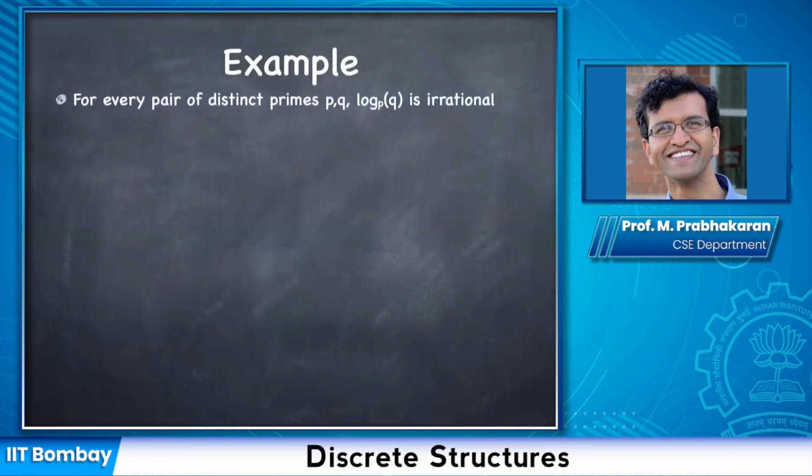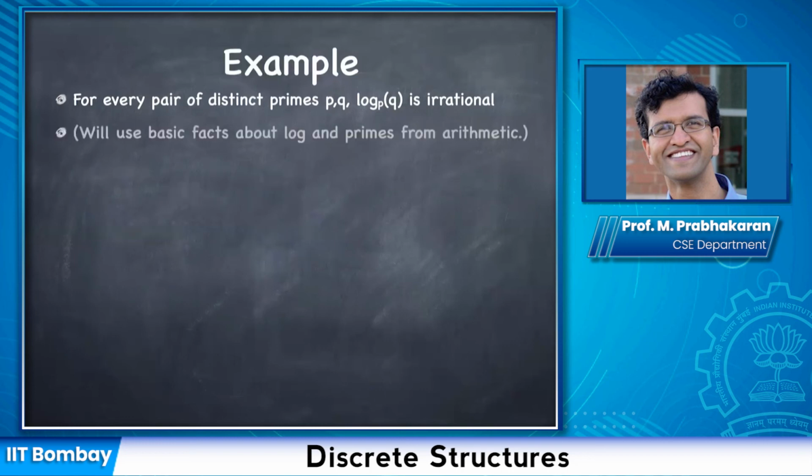Here's another example. If the other one looked more like a curiosity, here is something which is more useful. So take any two prime numbers p and q. If you took the logarithm of q to the base p, then what you get would be an irrational number.